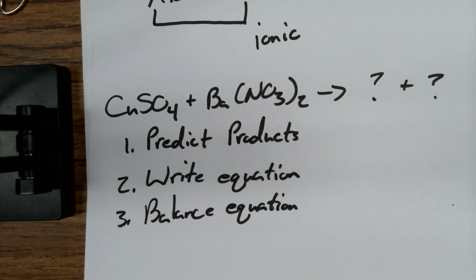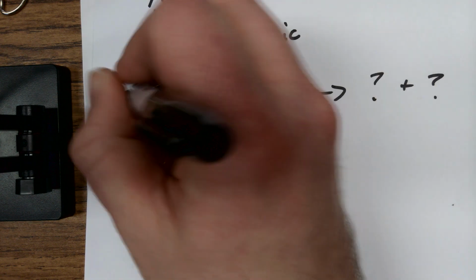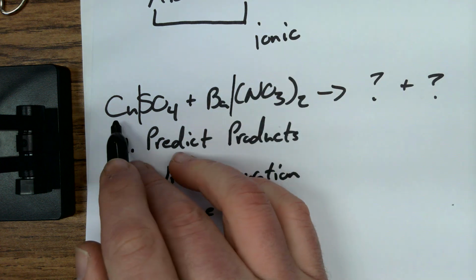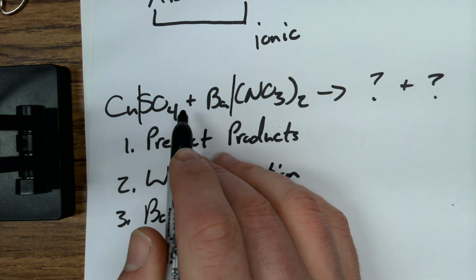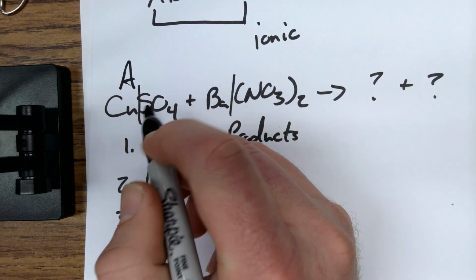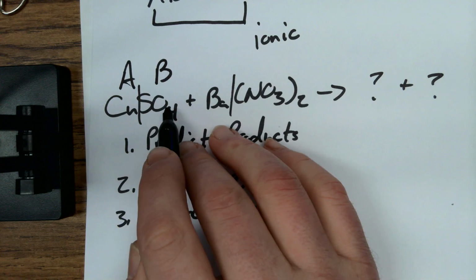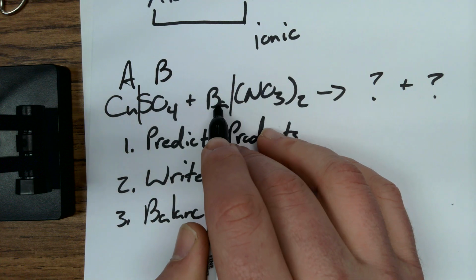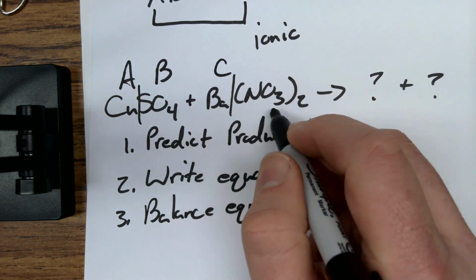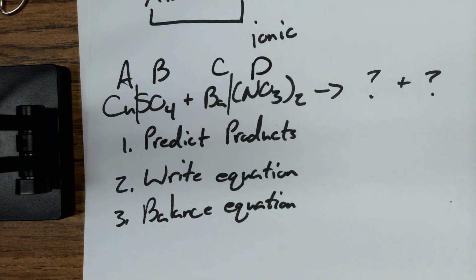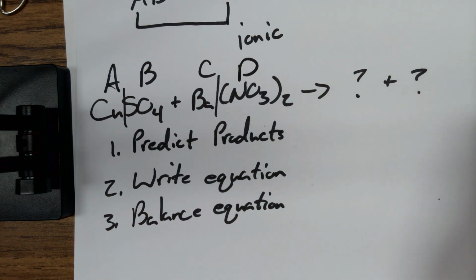So, let's talk about how I get this one. I'm going to split my cation and my anion apart from each other. My copper is going to be my A. My sulfate is going to be my B. So my cation's A. My anion's B. My cation C. My anion is D. What's the first combination I can make? What two things are going to combine to create a new molecule?